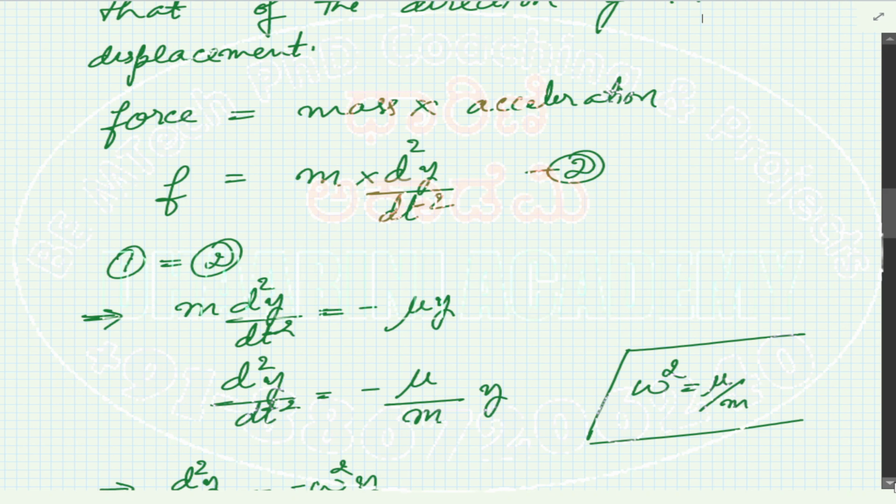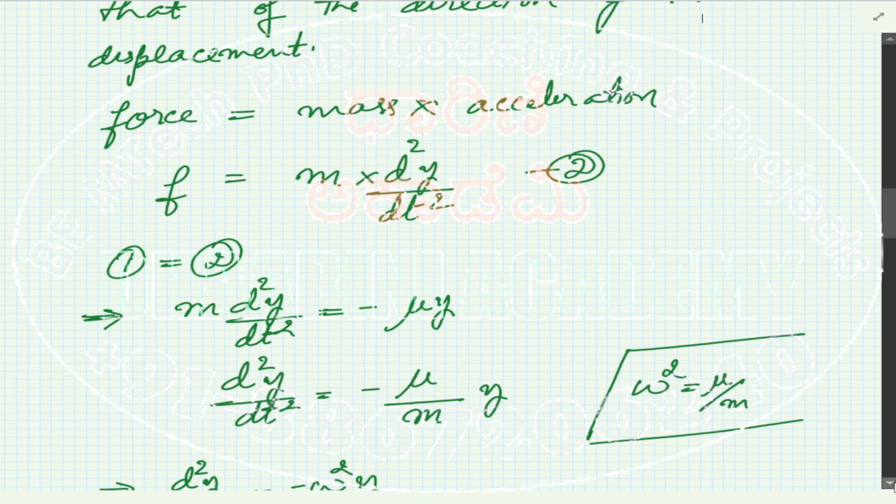One equation says that m into d square y by dt square is equal to minus mu into y. So we'll take m, the mass, to the right hand side of the equation. That becomes minus mu by m into y. We have a substitution: omega square is equal to mu by m. Omega is called the angular frequency.